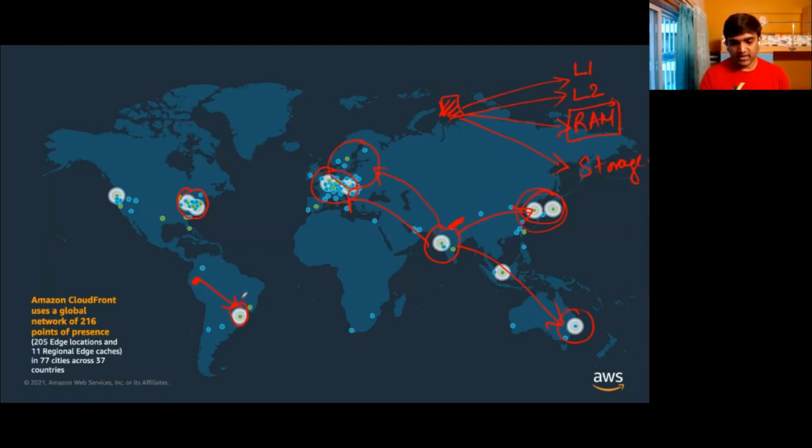If it is there, it will be served from there itself. If not, then it will go to Mumbai and cache it back here. And there is a time to live setting which you can configure, so that you don't get stale data, right? But the idea is this: you not only have regions and availability zones, you also have something called CloudFront, which is for caching.